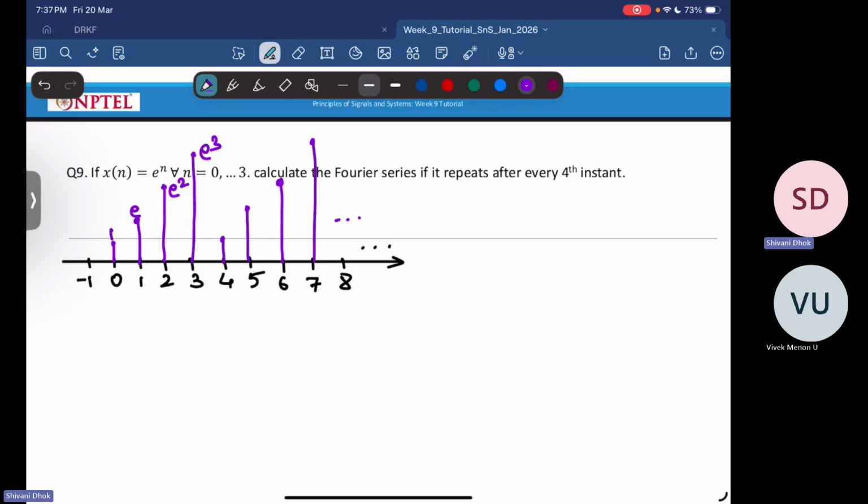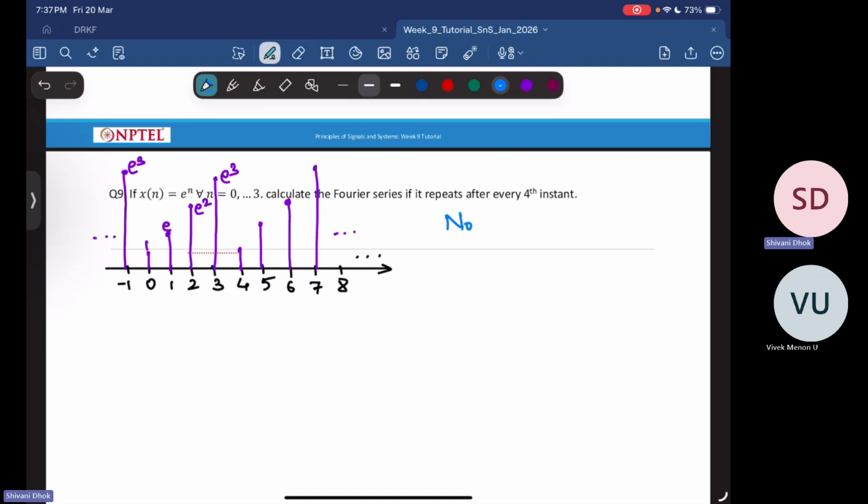So if it repeats after every fourth instant, then the fundamental period N naught is 4. Therefore, omega naught comes out to be equal to 2 pi by N naught, that is pi by 2.